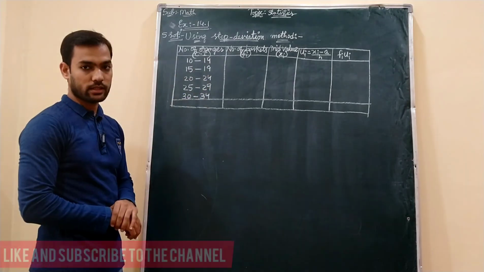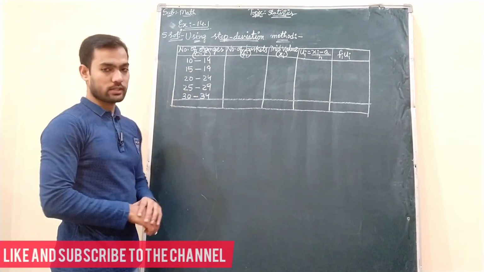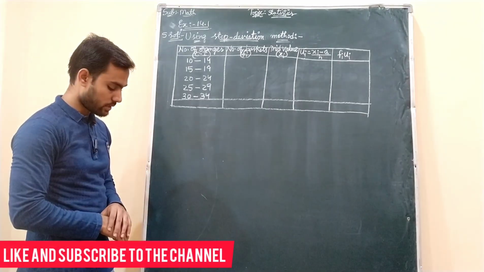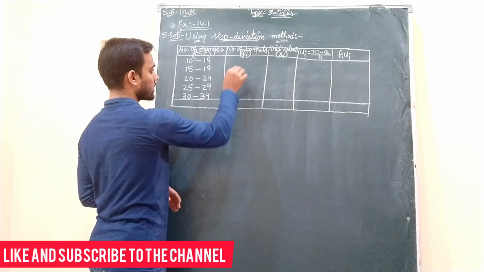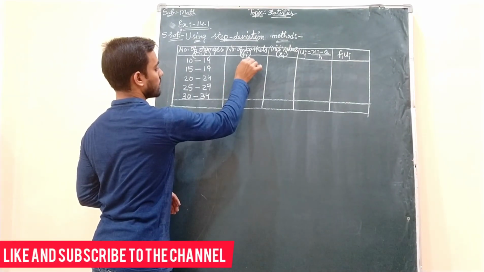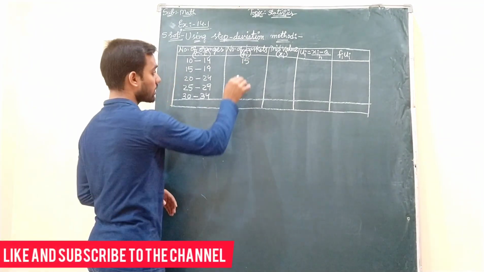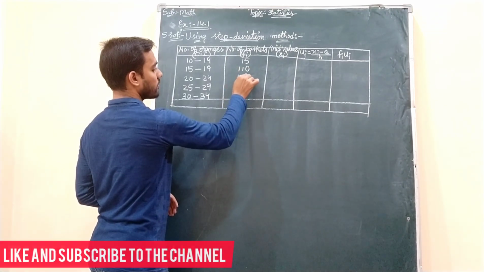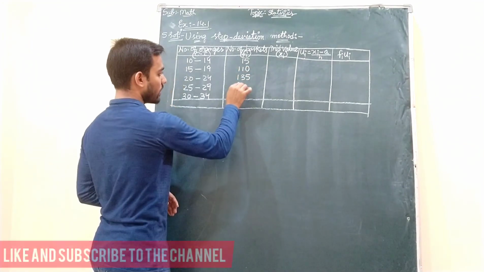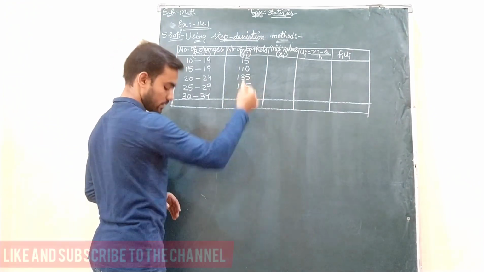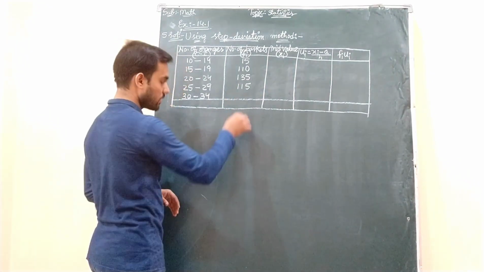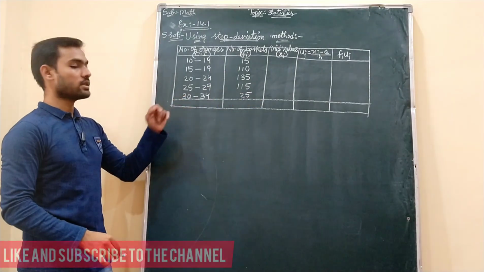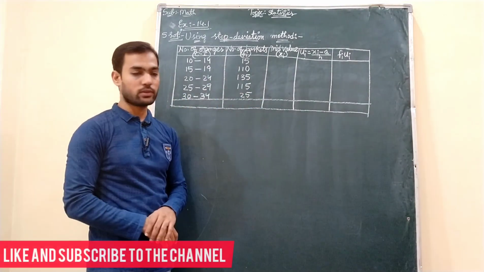Now number of baskets. 10 to 14 oranges are there in how many baskets? That we need to see. So 15 baskets. Then 110 baskets, 135 baskets, 115 baskets, and at last 25 baskets contain 30 to 34 oranges.